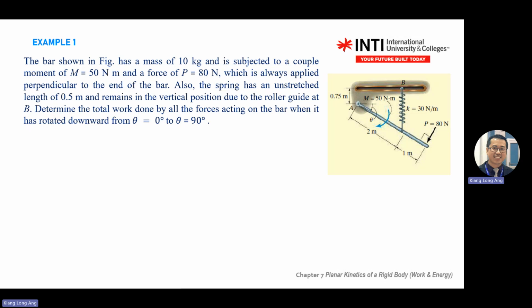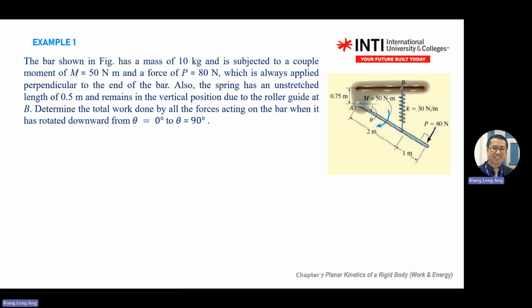At 0 degrees, the spring is already stretched; it has already charged up some energy before it starts. We tell you this one is 0.75, and the spring's original length is 0.5, so it was stretched 0.25 meter. Then 0 to 90.